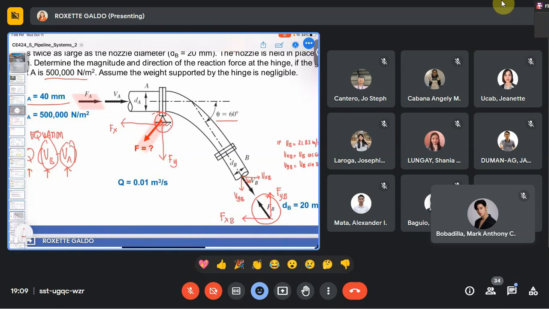So the forces acting along the horizontal, we have FXA, the Fx at the hinge, and FXB.